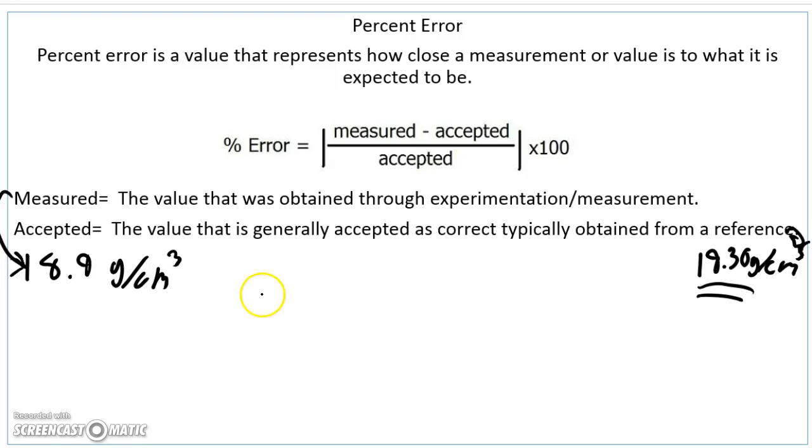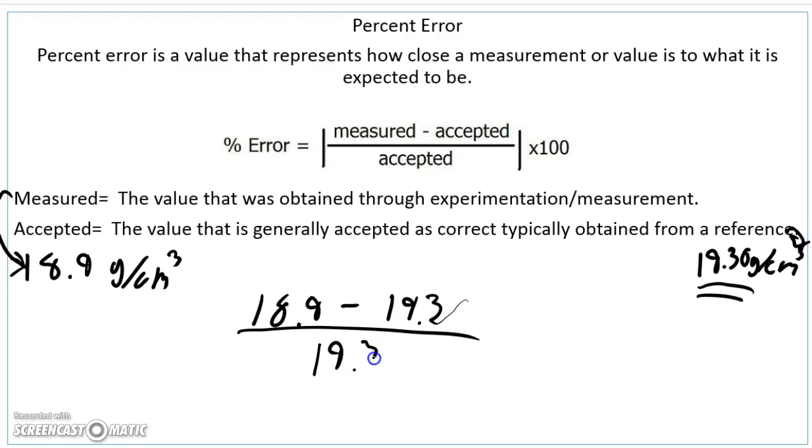So percent error equals 18.9 minus 19.3, divided by 19.3, times 100.